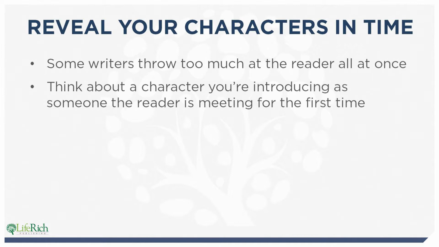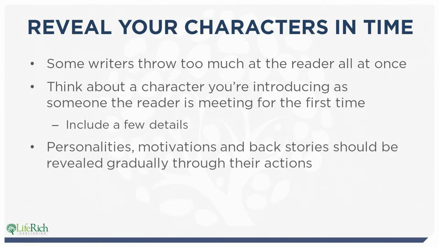For example, when you meet someone, you probably take in a person's physical appearance, but only on a fairly superficial level. It's not until you interact with people and observe them interacting with others that you begin to get to know them. That's true of characters too. When you first introduce them, you should include a few details, but the rest of their personality, motivations, and backstories should be revealed gradually through their actions.